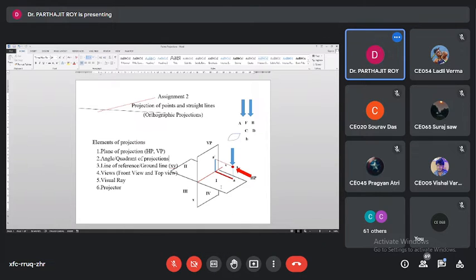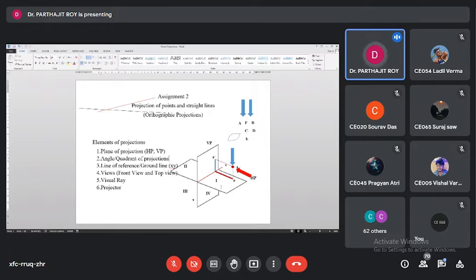Now after the visual ray, line of projection, angle of projection, plane of projection, projector, let us see what will be the nature of the different type of elements. What will be the thickness? So of course plane of projections as well as your angular quadrant of projections, they require representation, but you don't require to draw any lines for that.